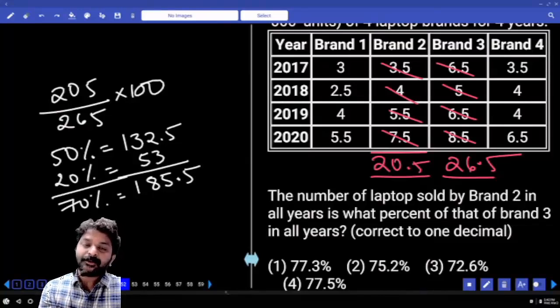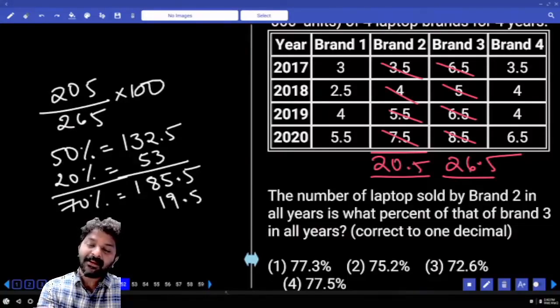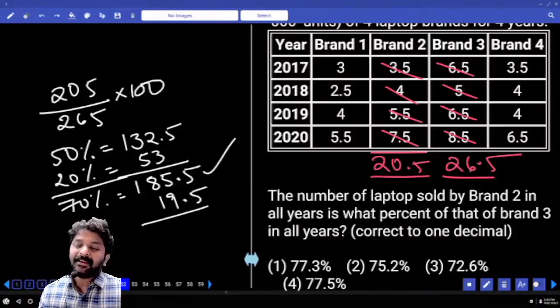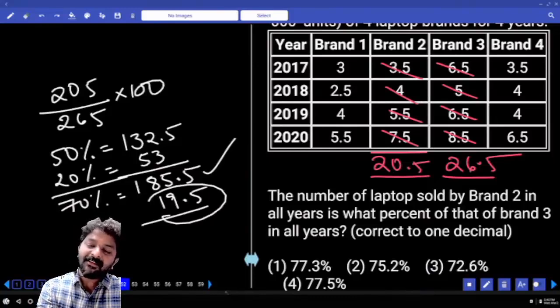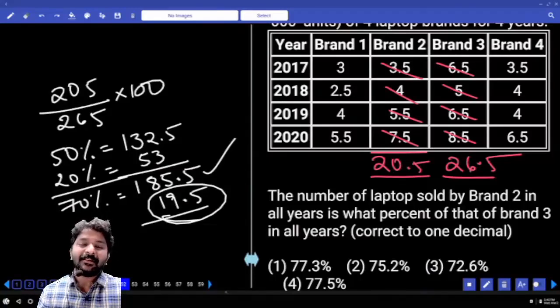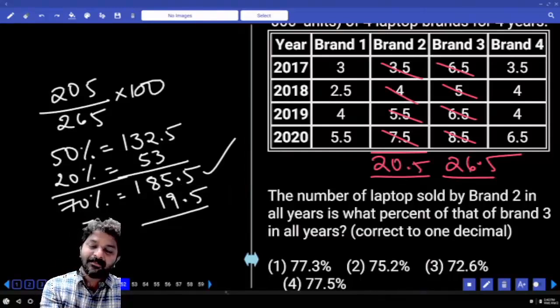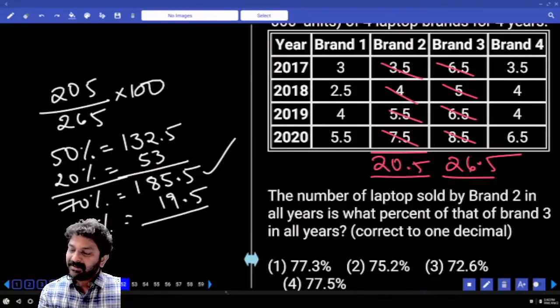Now how much do we need to add? It is 19.5 we have to add, correct? Now what is 10% of this number? 18.55. More than that we have approximately 1, correct? So it is definitely more than 7%. Answer should be in 77.